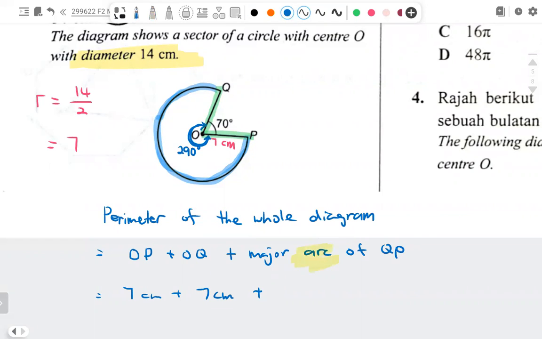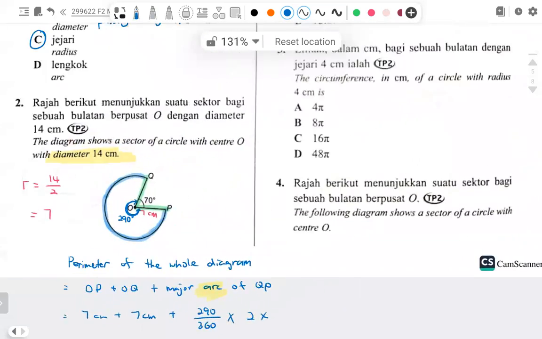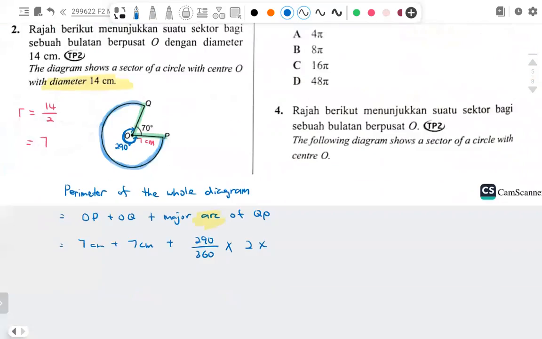Arc, okay, major arc. So definition of arc is part of circumference. So formula to find circumference is 2 times pi. We got to refer back what is the pi. 22 over 7. 22 over 7 times radius.